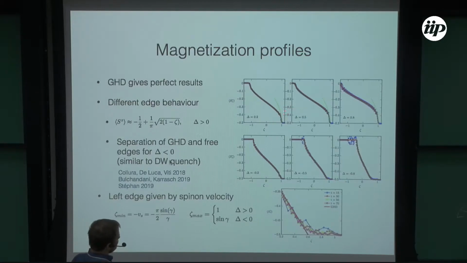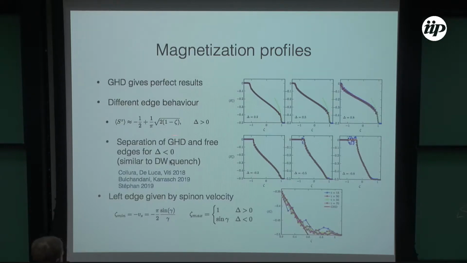First of all, if you look at the right edge, so this is the vacuum edge, there is a simple calculation you could do. It's very similar in spirit to the one Jean-Marie presented. And what you find is that the profile for any value of delta, to the lowest order approximation, is always a square root. Okay? So it's a square root singularity around the edge.